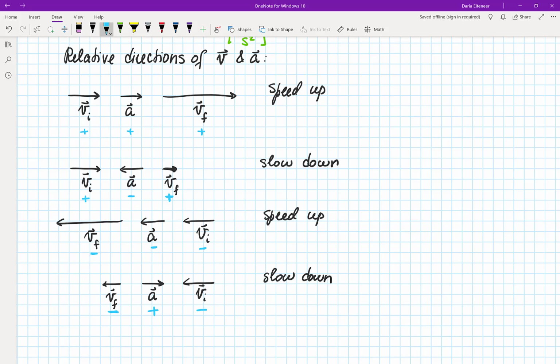Notice the relationship here: speeding up happens when the velocity vector and acceleration vector are pointing in the same direction.